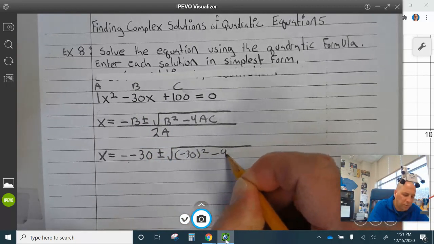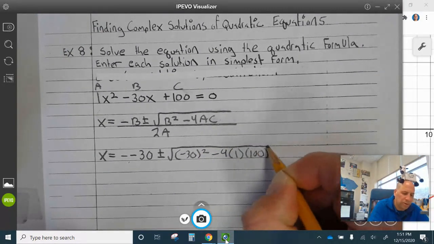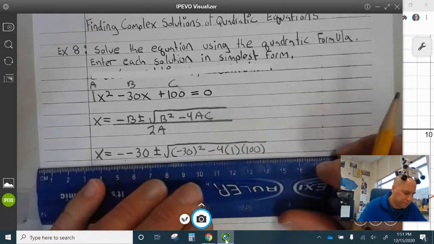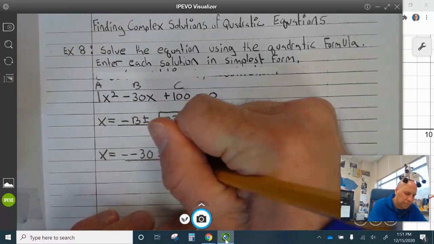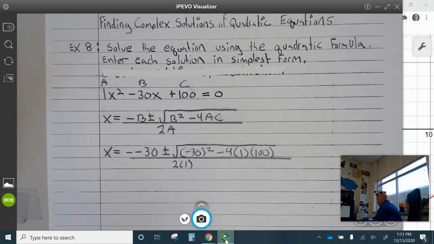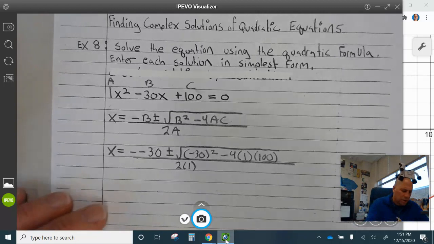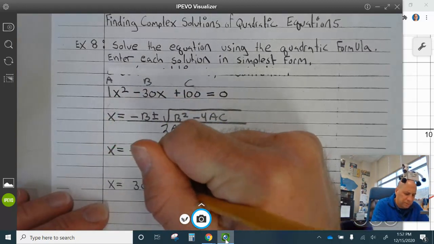Minus 4 times 1 times 100 divided by 2 times 1.